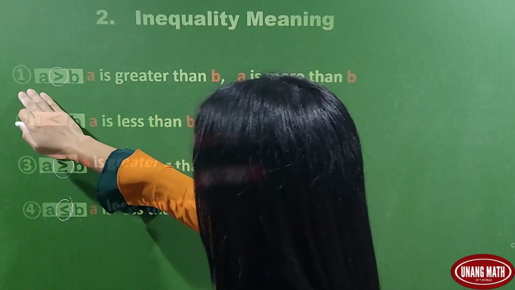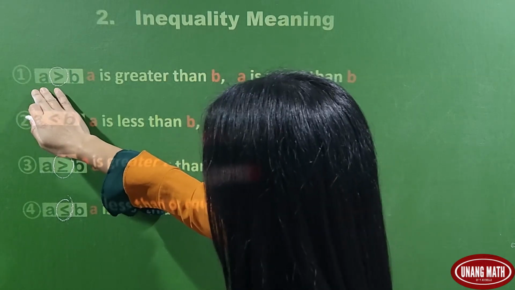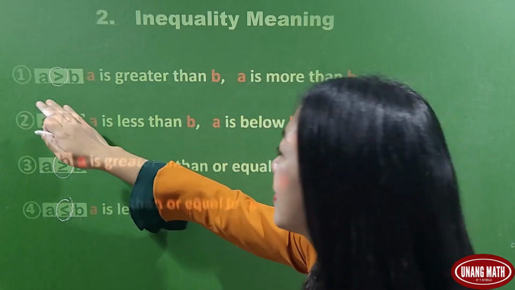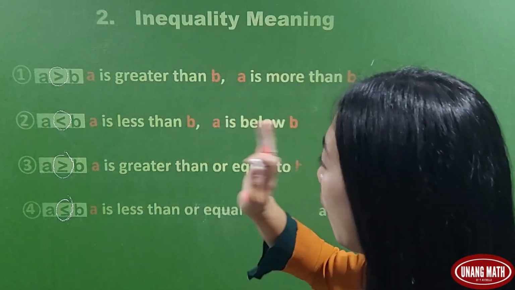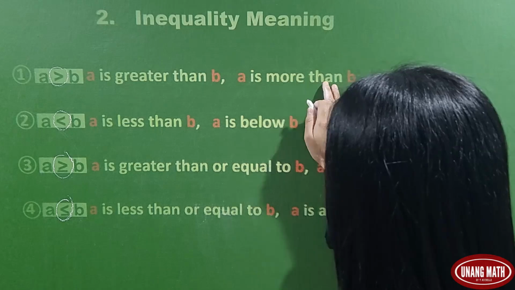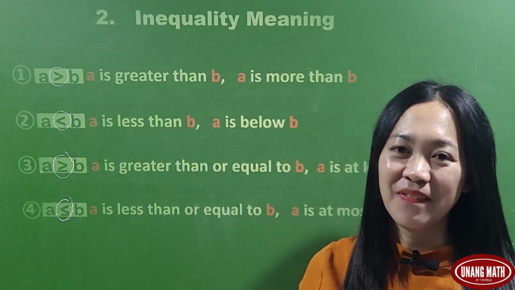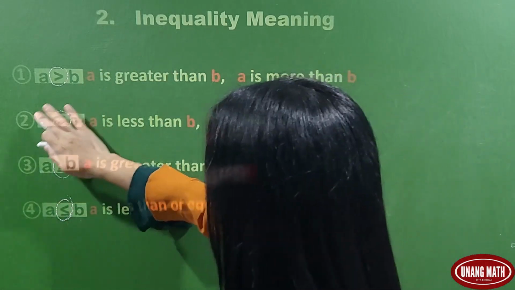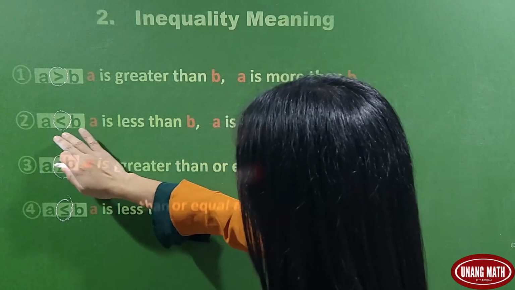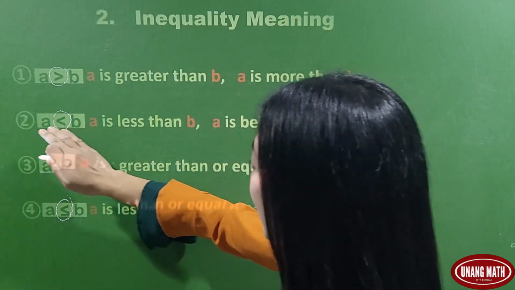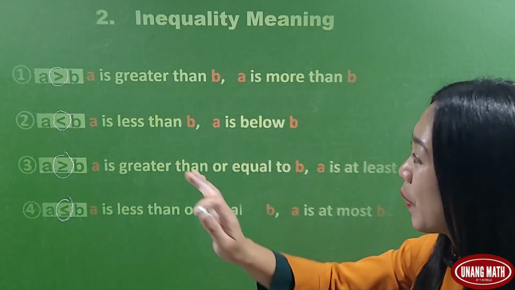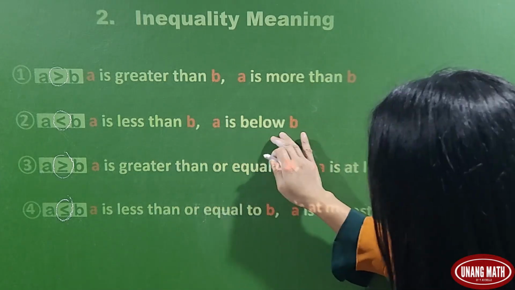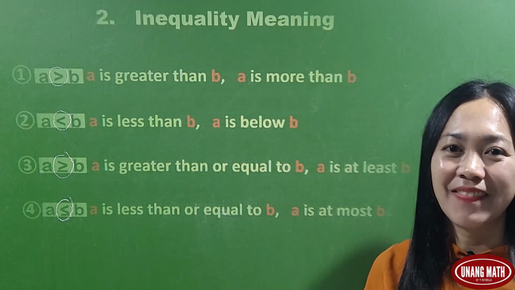For number one, this is read as A is greater than B, or we can also say A is more than B. For number two, using this inequality sign, we will read this as A is less than B, or A is below B.